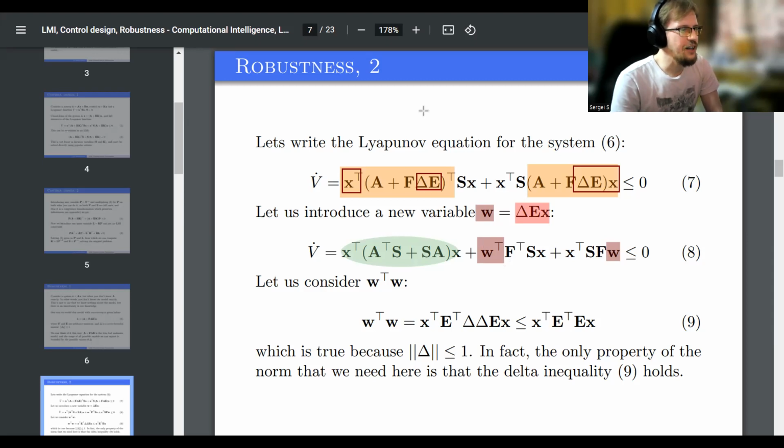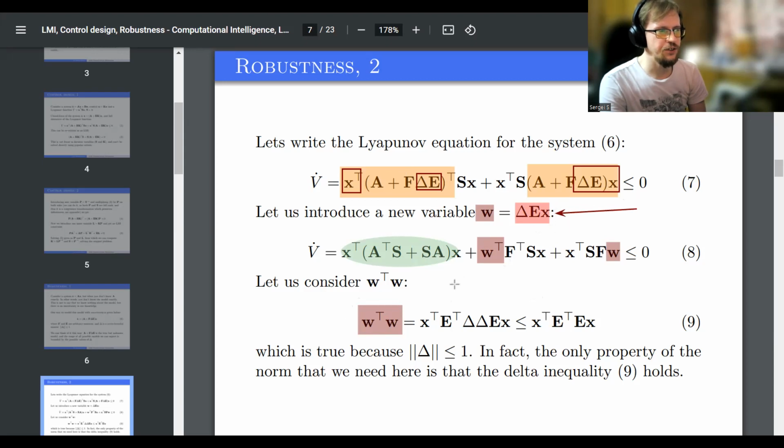Now, in order to understand how omega behaves, we can look into this expression: what is omega transpose times omega? It comes from this expression here, and it is in fact x transpose E transpose delta transpose times delta E x. Now we have a chance to understand what this constraint was all about.